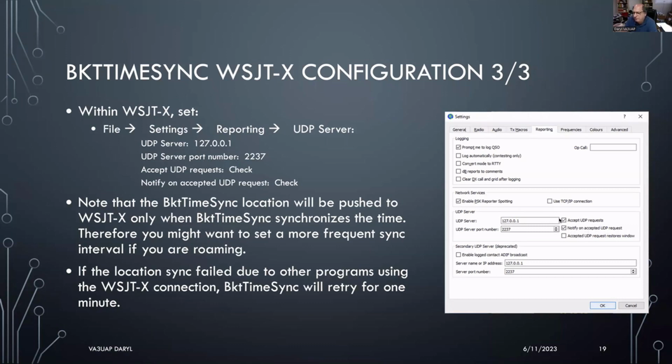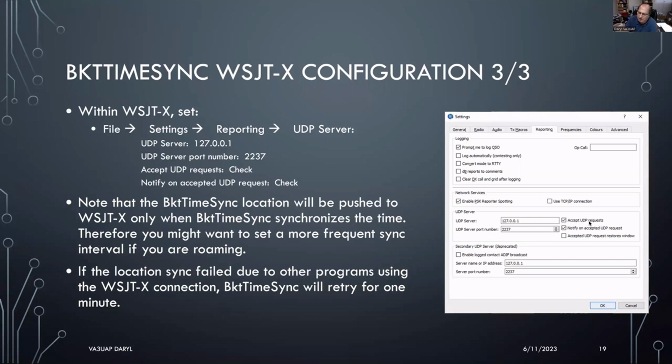Notify we don't care about. I have it checked because I have other programs that I told it to share information both ways. Actually, this is one of those programs that we wanted to share because BKT time sync is going to pass to this program the actual grid location.